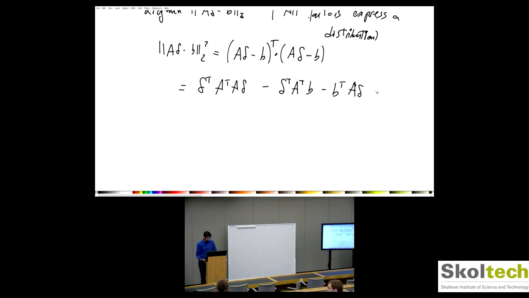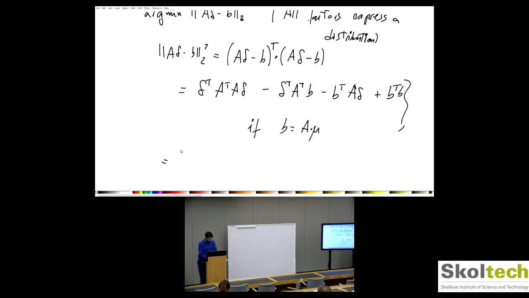And then finally we have B transpose B. Since these are real numbers, we can just transpose, and the transpose of a real number is the same real number. There's nothing happening here, so you can group these things. Let me just write this. So we write B to be equal to this adjacency matrix multiplied by a mean, and what this mean is we'll see, but let's do this little change of variables.